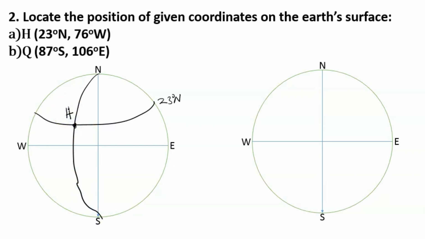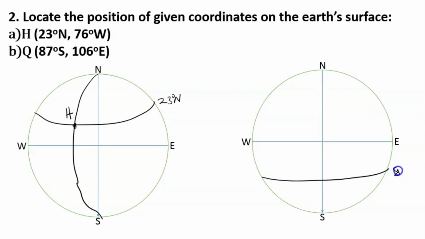Good. Then the other one is 87 degrees south. Sorry, I'm going to the north pole, so that's incorrect. It should be to the south. South is the southern hemisphere. So you come down here and draw a convenient arc.